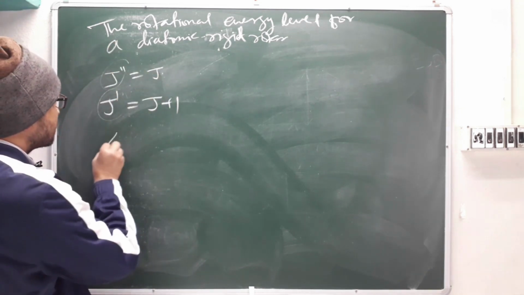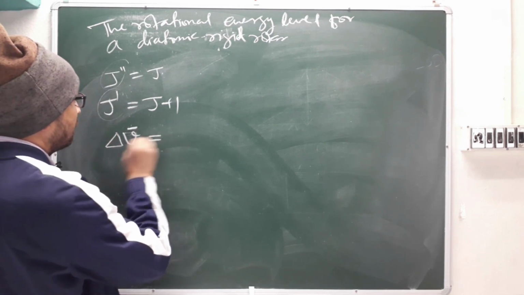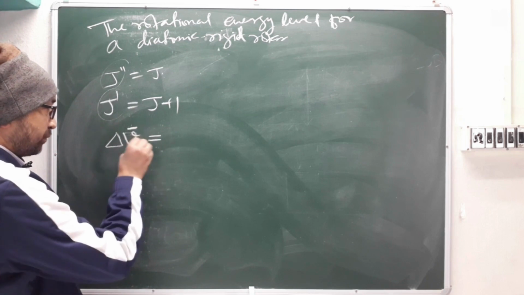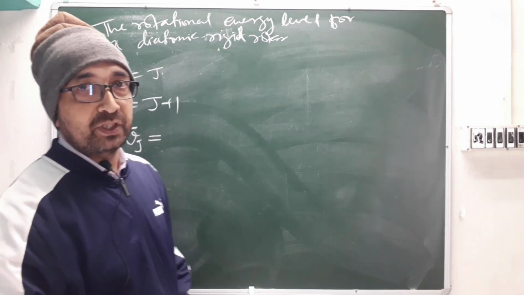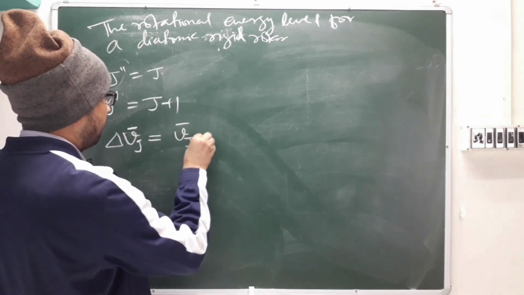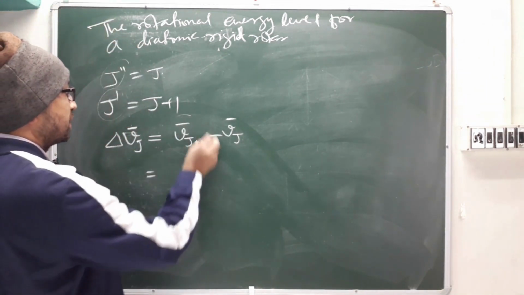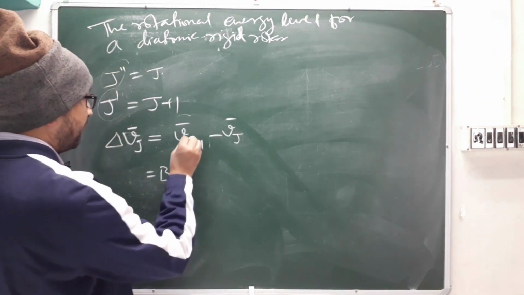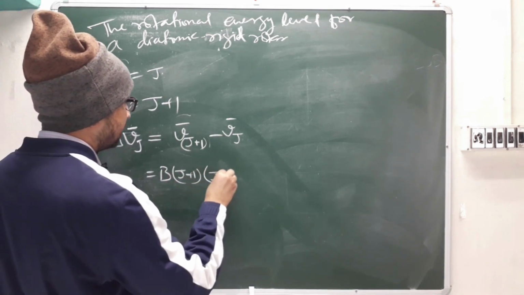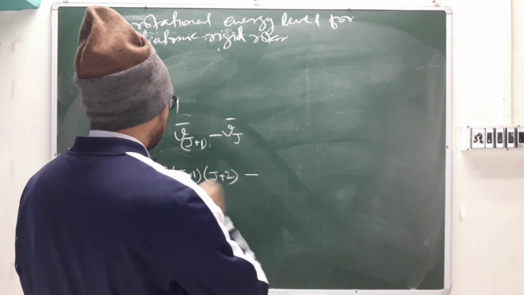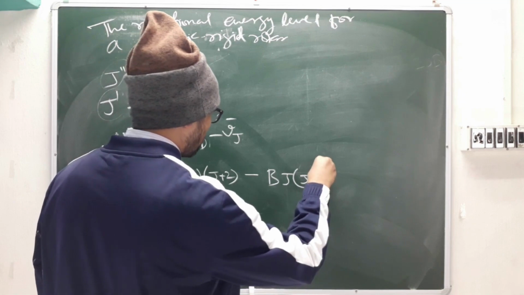So this value we have, and now we just put this value in delta nu bar, the wave number frequency. How much will it come? Delta nu bar for the J region, if you are calculating, will be nu bar J plus 1 minus nu bar J. Put the value for B: B times J plus 1, J plus 2, minus B times J, J plus 1.